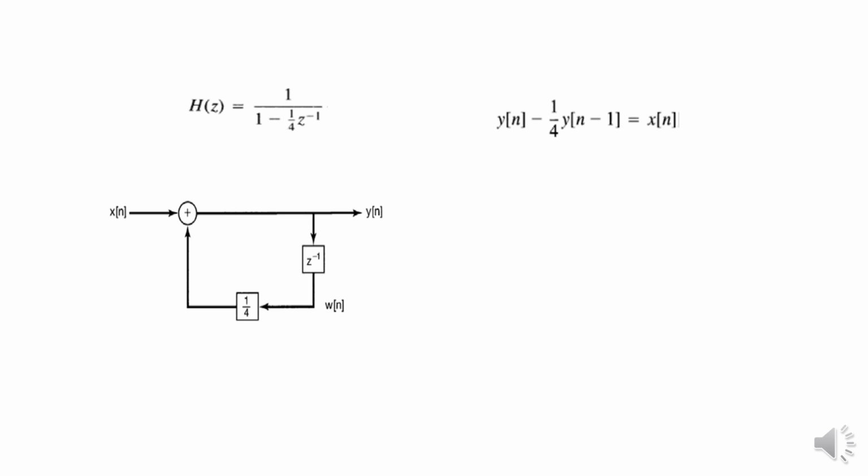Actually, you can see it here also clearly. y(n) multiplied by z to the power minus 1 means it is y(n minus 1). Then here you are multiplying it by 1 over 4. So 1 over 4 into y(n minus 1), right? And that with x(n) is equal to y(n). So if you put these things to the other side, you can get the same answer, right?